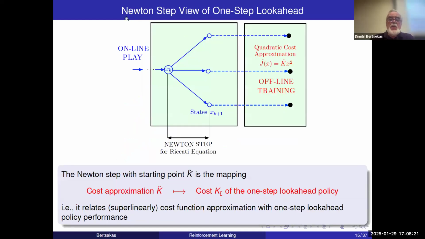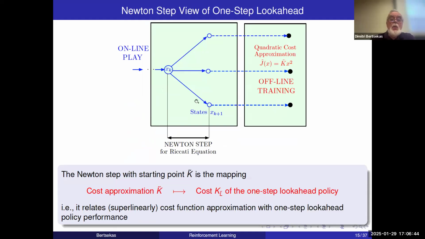Okay, so here's a view of the one-step look ahead and the relation to Newton's method. We're looking at an online play picture with a cost function approximation that's obtained offline, right? Our standard conceptual framework.